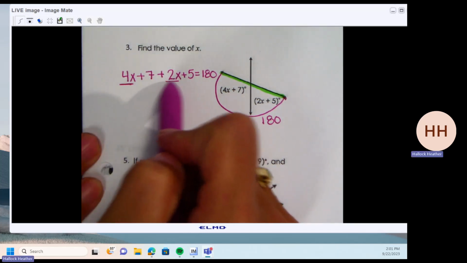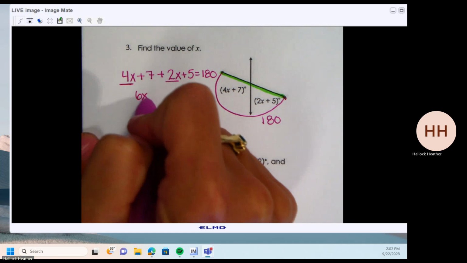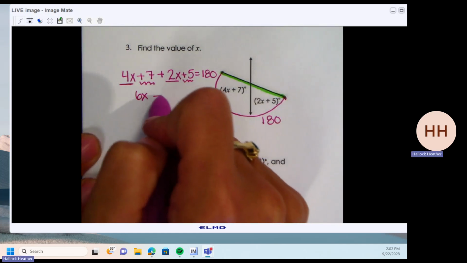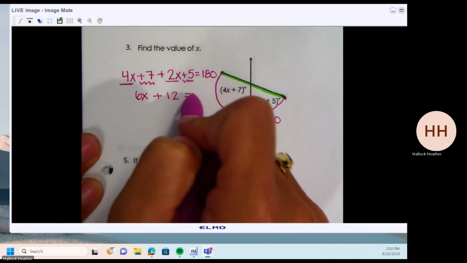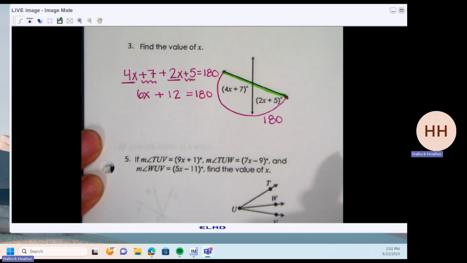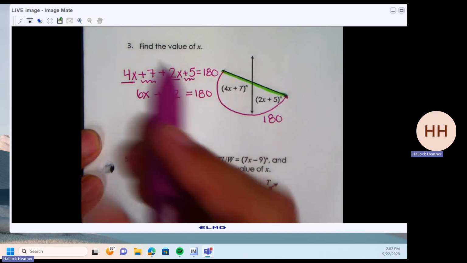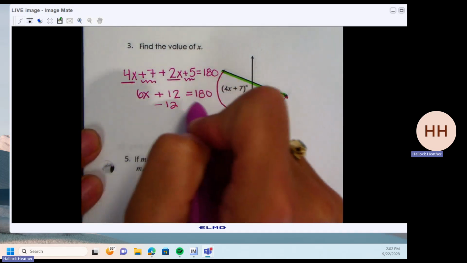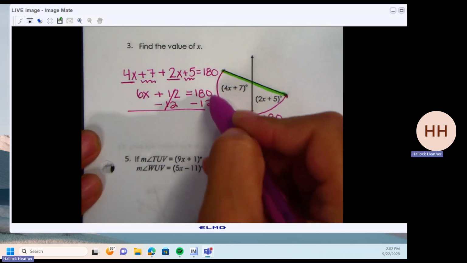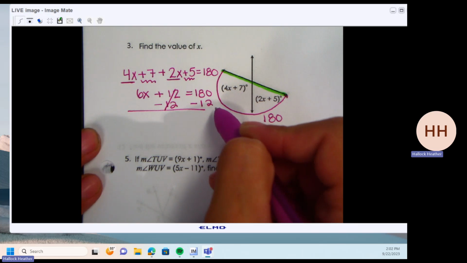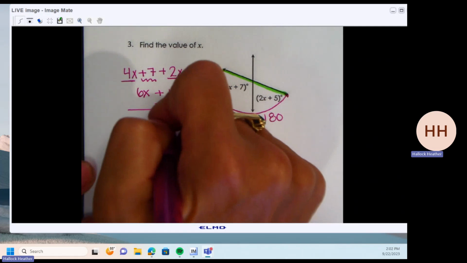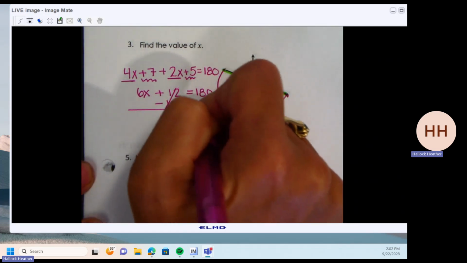4x and 2x make 6x. Positive 7, positive 5 make positive 12. Bring down equals 180. And now I'm going to move my 12 to the other side. The opposite of addition is subtraction, so I'm minus 12, minus 12. If I take 180 and I subtract 12, I get 168. 6x equals 168.